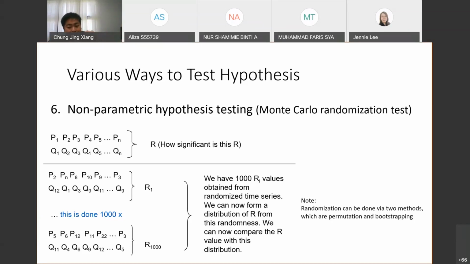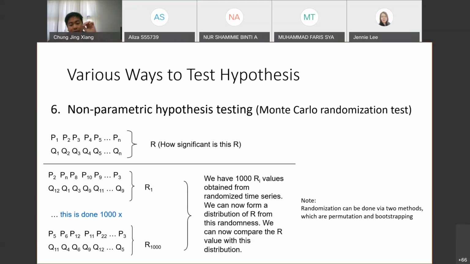So if the R from your sample that you did not shuffle, meaning your original R, is larger than this critical value or lower than this critical value, it means the relationship is significant. I'm not sure you can visualize this or not.